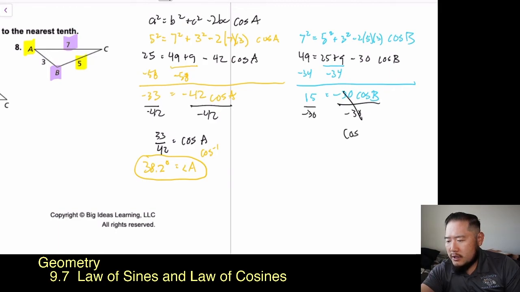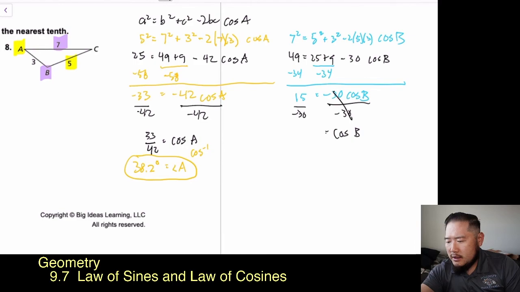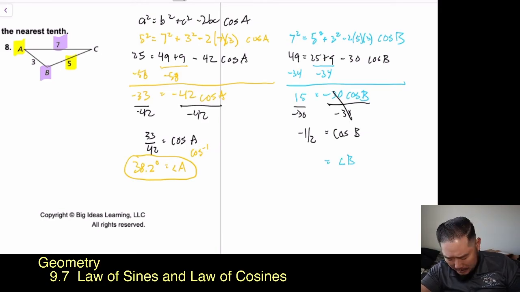And we got cosine B is equal to negative 1/2. All right, we go ahead now and take the inverse cosine of negative 1/2. And so we'll get angle B, and this time it works out to get us an exact number of 120 degrees.